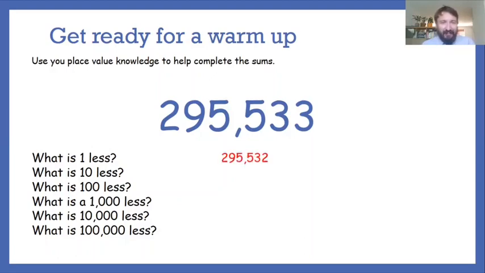Let's have a look. So 1 less than 295,533 would give us 295,532. 10 less would give us 295,523. 100 less would give us 295,433. 1,000 less, 294,533. 10,000 less, 285,533.